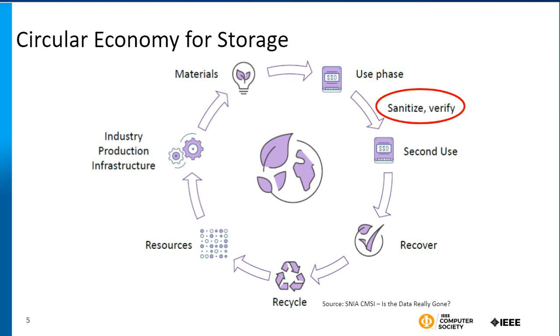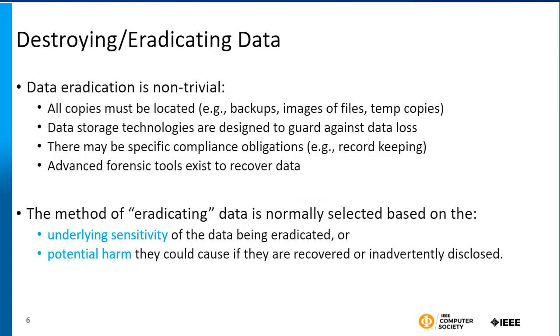That cycle maybe be extended a bit, and there's often a lot of rare earth metals that are in some of these storage devices and the media, and we'd like to make sure that those kinds of things are recovered to the degree possible.